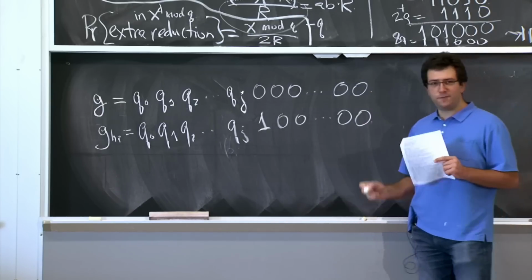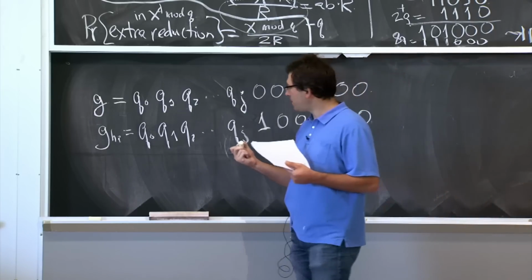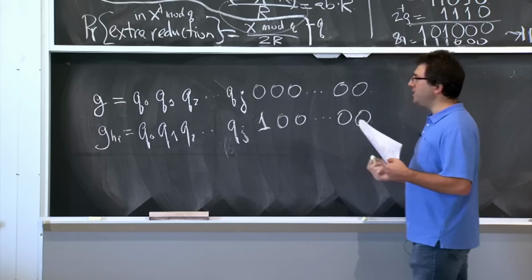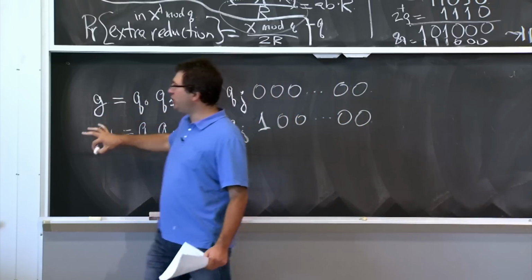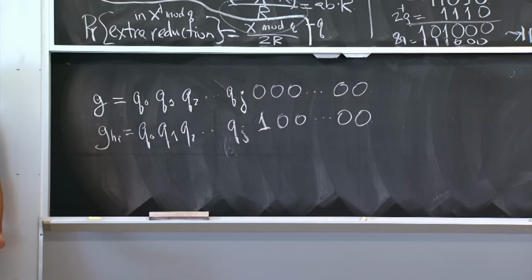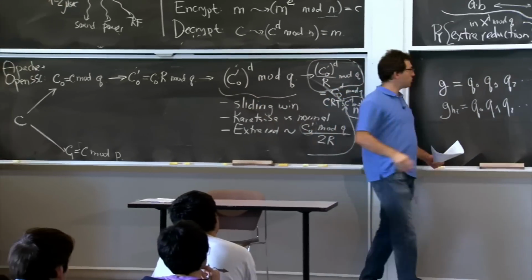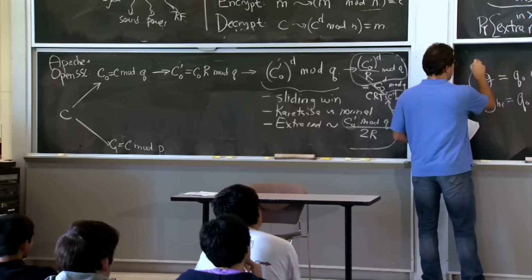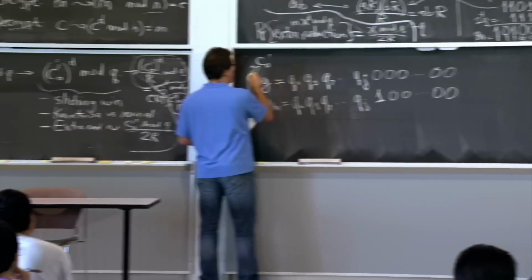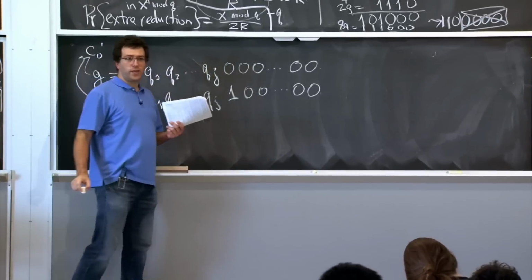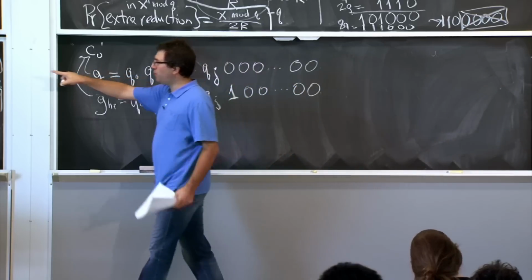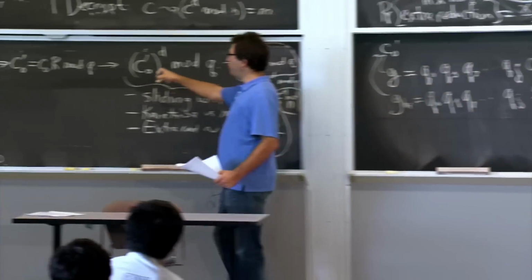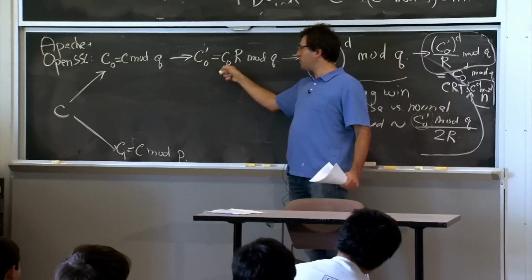So how does it help these guys figure out what's going on? There are two ways you can think of it. Suppose that we get this guess g to be the value of C0 prime. You can think of g and g high being the C0 prime value on that left board over there. It's fairly straightforward for them to do this, because C0 prime is computed pretty deterministically from the input ciphertext C0.